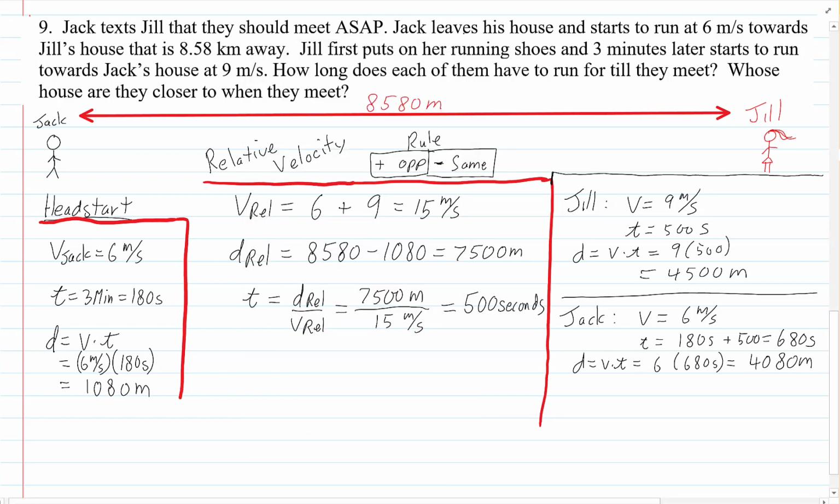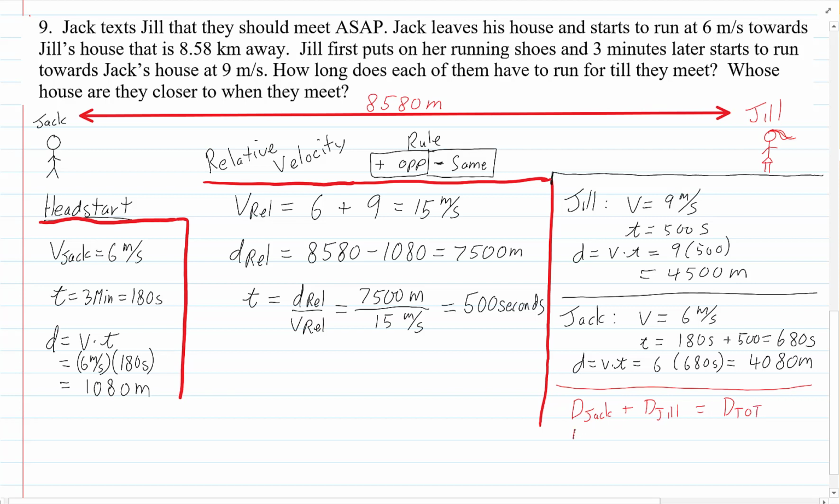So there's our little bit of a check. The distance that Jack ran plus the distance that Jill ran had better be the total distance. And it is.